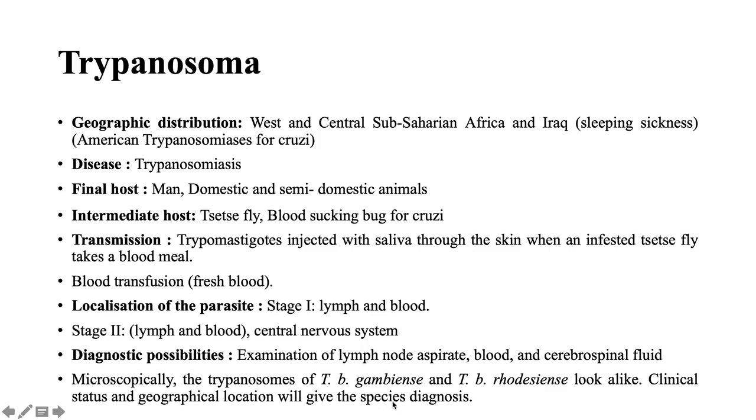So here is the difference. For example, in West Africa we can find gambiense, and in East Africa we can find rhodesiense. But in Iraq, most of all, we can find both of them. That's why it's so hard to distinguish one from another in Iraq.